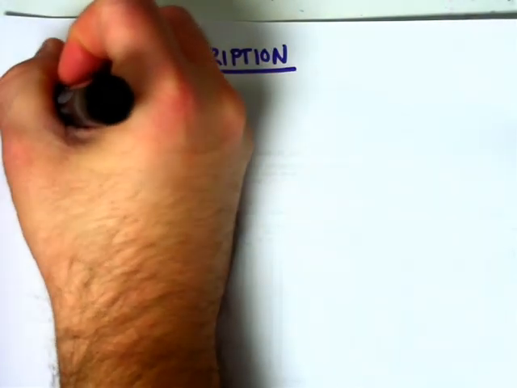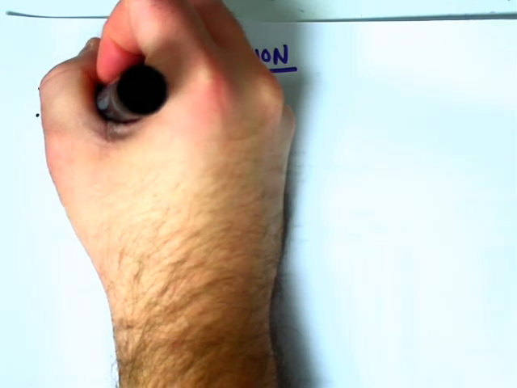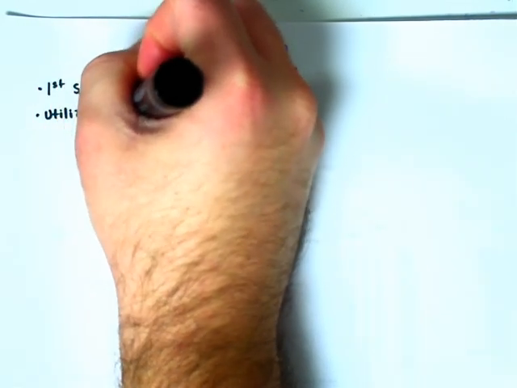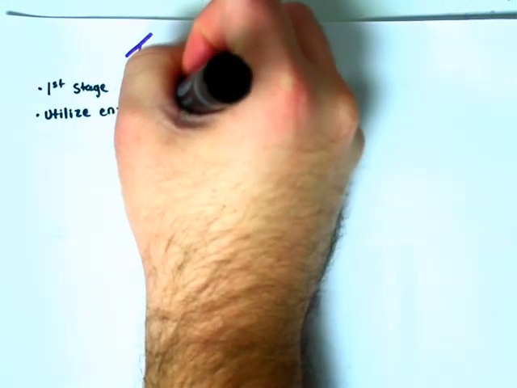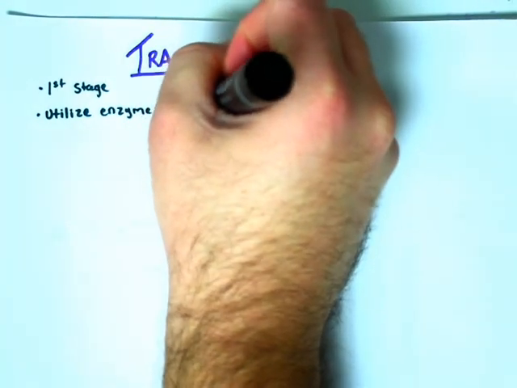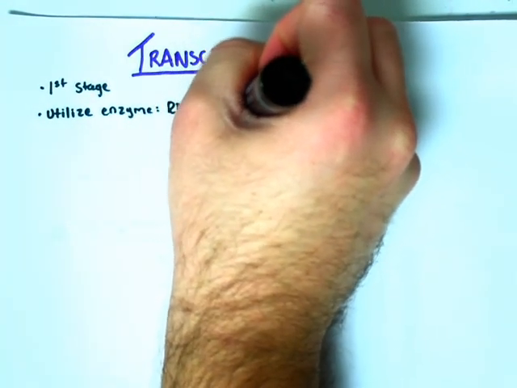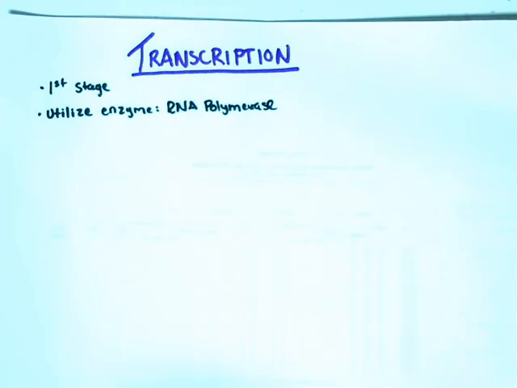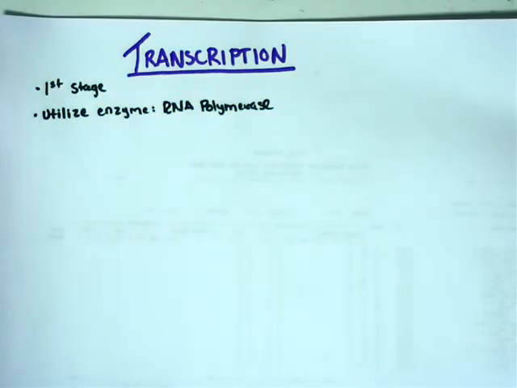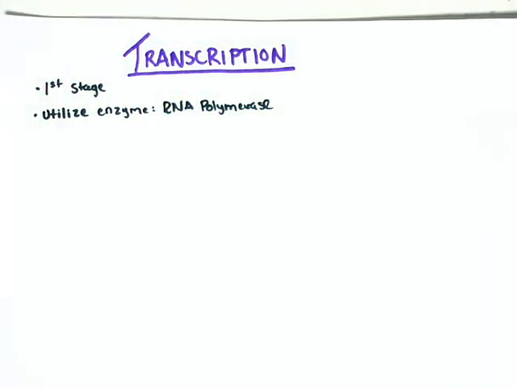It's also going to utilize the enzyme RNA polymerase. Now, if DNA polymerase made strands of DNA nucleotides, then you could assume that RNA polymerase would make strands of RNA nucleotides.